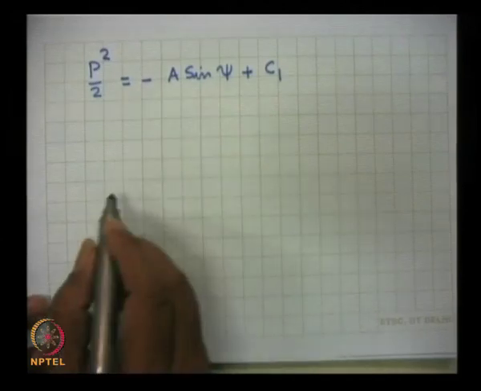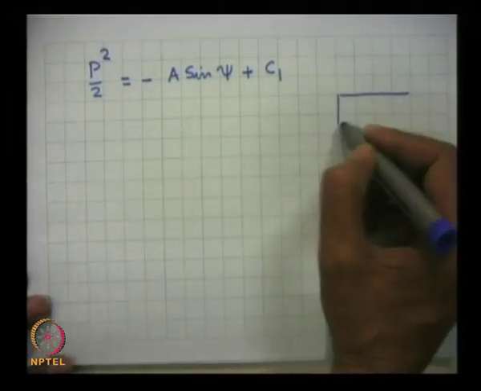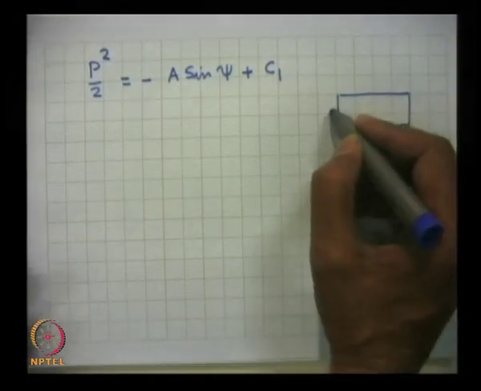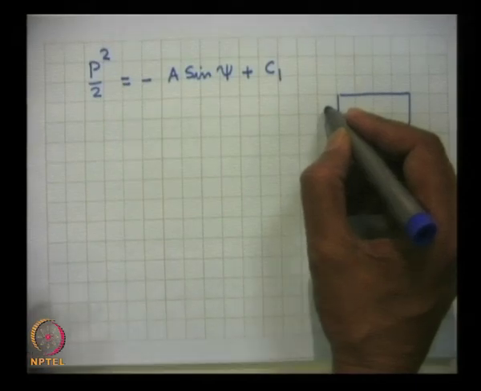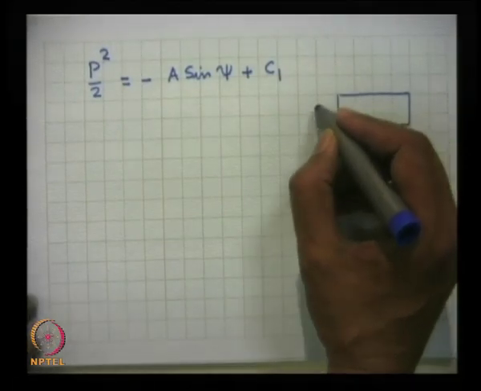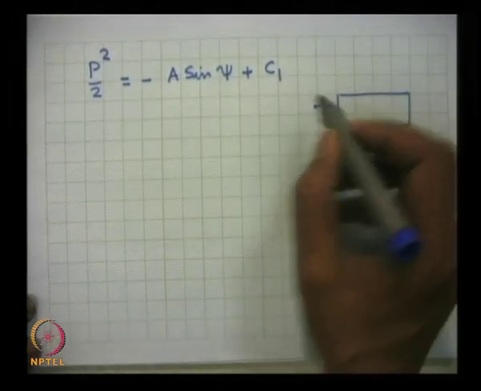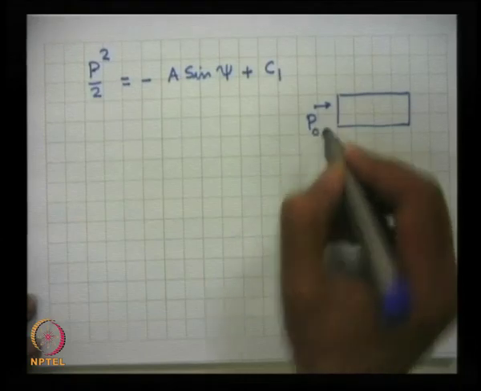Suppose I am launching in my interaction region electrons, obviously different electrons are arriving at different times. But I am considering a mono-energetic electron beam. Suppose all the electrons that are coming here at any instant of time have initial value of this normalized energy P equal to P0.